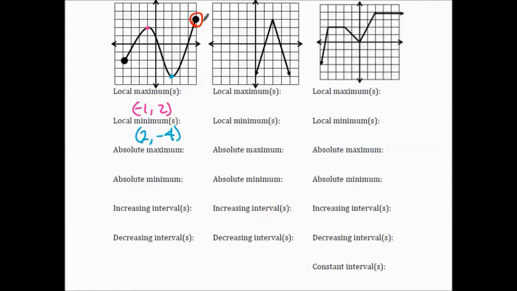It is this endpoint here. So we want to write how high does the graph go at that point? So it goes up to 3, and that occurs at x equals 5. Our absolute minimum, the lowest point on this graph, is the same as our local minimum. So the lowest that the graph goes is -4, and that occurs at x equals 2.